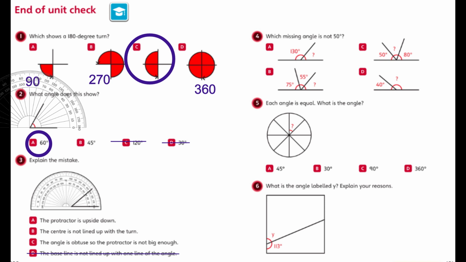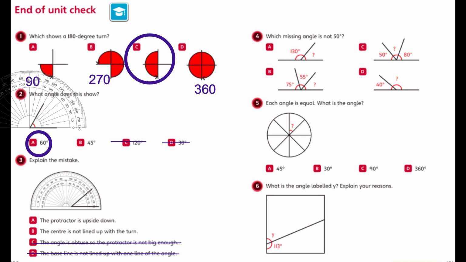It says the baseline is not lined up with one line of the angle. But when I look, I can clearly see that the baseline is lined up. I can also cross out C. It says the angle is obtuse, so the protractor is not big enough. Well, that's wrong for a couple reasons. This angle is not obtuse, it's acute. And on top of that, a protractor can measure an obtuse angle. It can't measure a reflex angle.